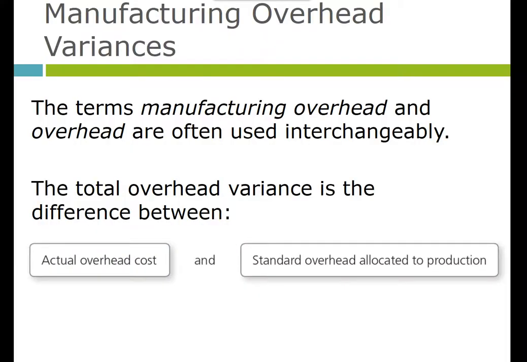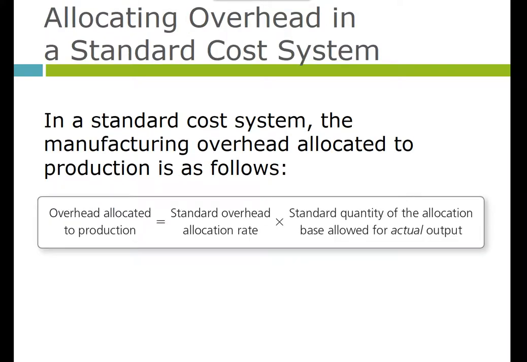Let's look at the overhead variances now, and we'll have variable and fixed overhead. So the overhead variance is the difference between the actual and the allocated. And so the allocated number is based on actual production. So in order to do this one, you come up with a predetermined overhead rate.